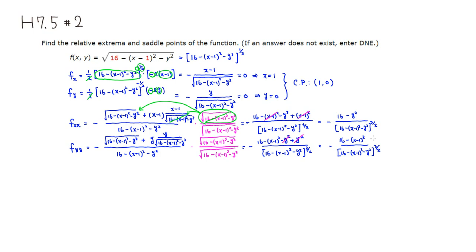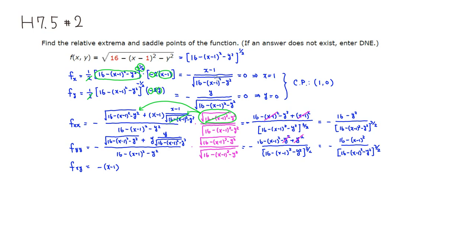Then we have to find the mixed partial too, so it's just a little tedious. We take the top guy and take the partial with respect to y. You have a negative sign, and x minus 1 is just a constant. Then you have a square root on the bottom, so it's a negative 1/2 power.